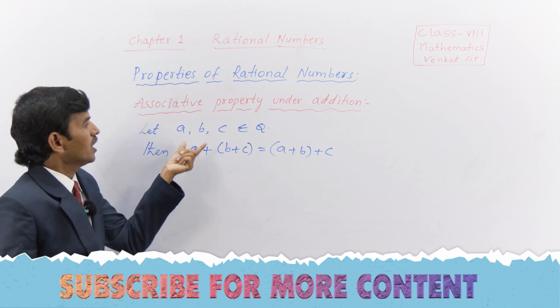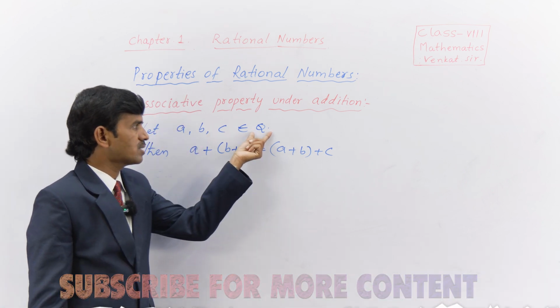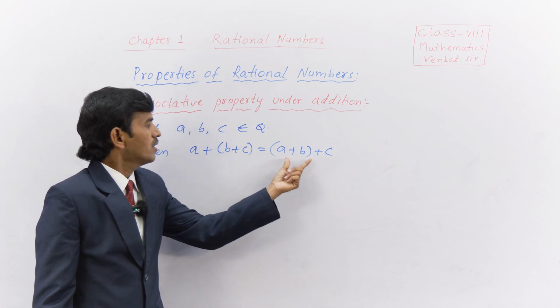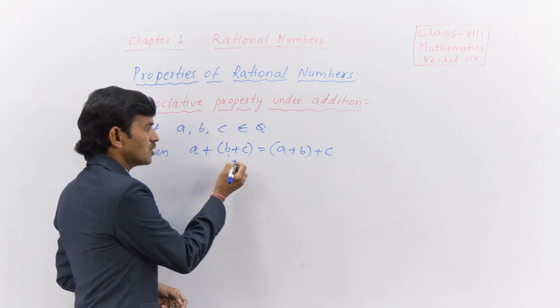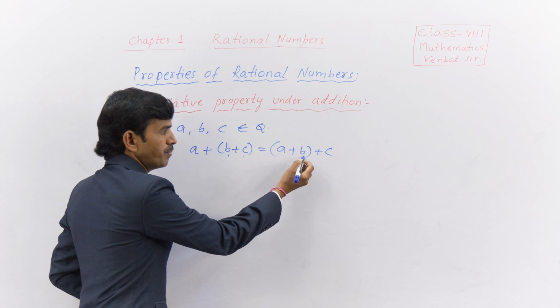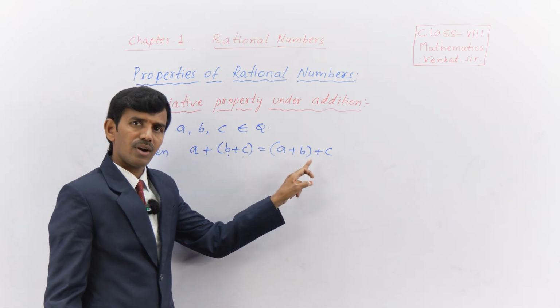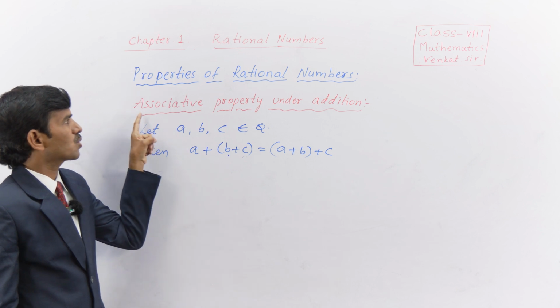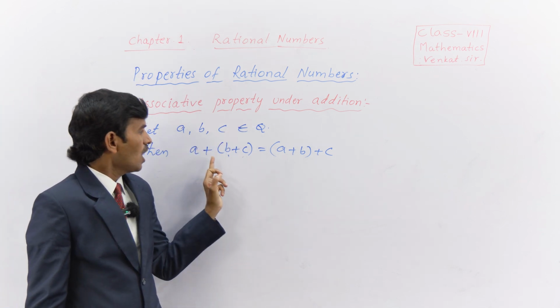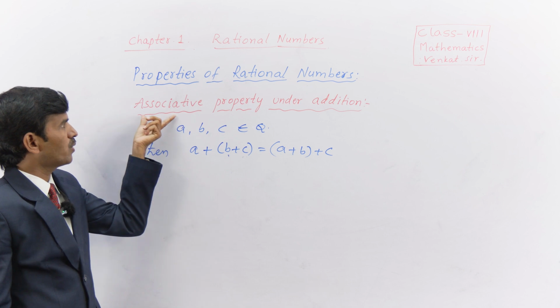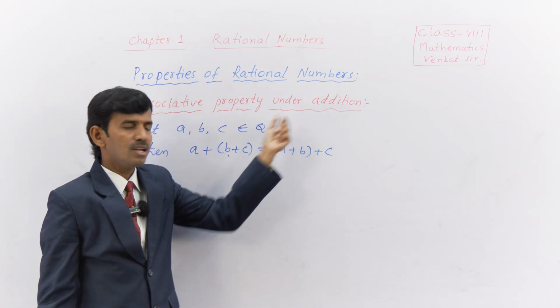Associative property. Under what operation is it applied here? Addition. Therefore, this property is known as associative property under addition.